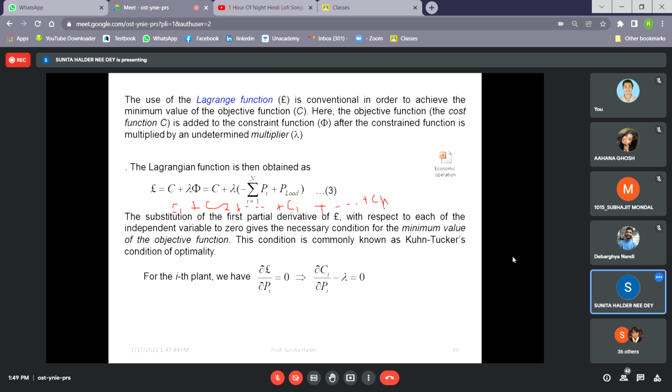Among these, only this Ci will be a function of Pi, because no other generator has anything to do with the generation of the ith generator. So the partial derivative of C with respect to the generation of the ith generator will be equal to the direct derivative of the cost of the ith generator with respect to the generation of the ith generator. If you do not understand, you must tell me.